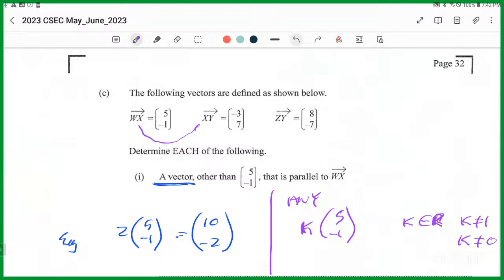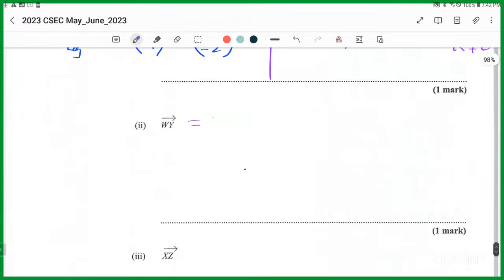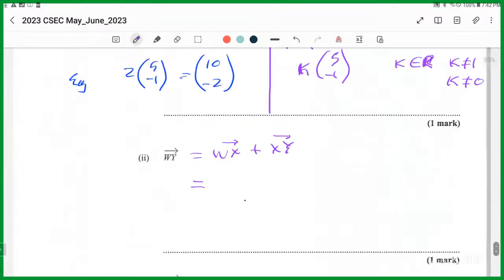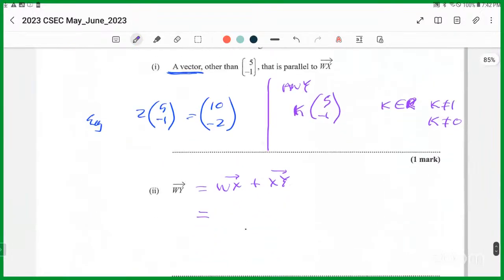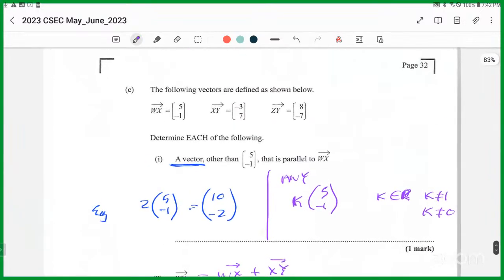To go from W to Y, you can go W to X with this one, and then X to Y with this one. Not complicated. So adding those two vectors: WX is 5, -1, and the XY is -7.